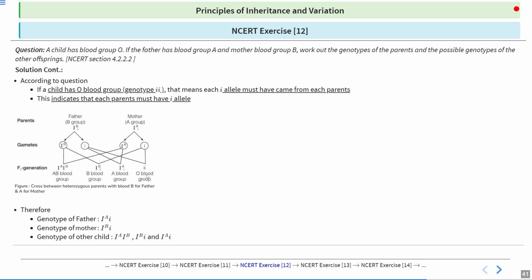And one child will have O blood group because it has inherited one small i allele from the father and one small i allele from the mother. Clear? So this is how you calculate the genotypes of the offspring as well as the genotypes of the parents. This is a very important question.